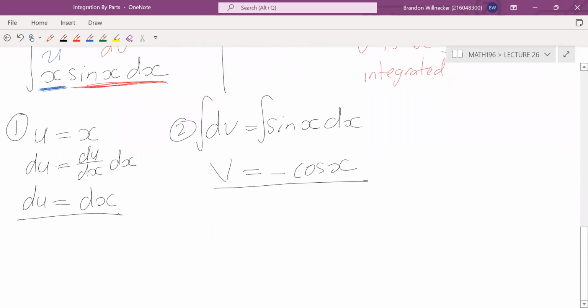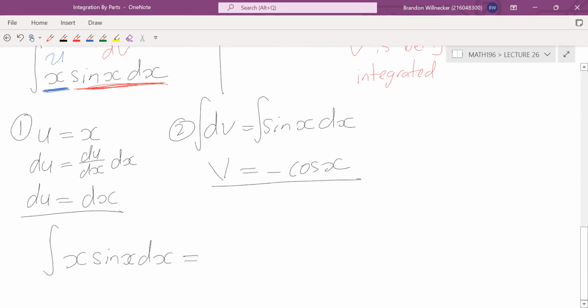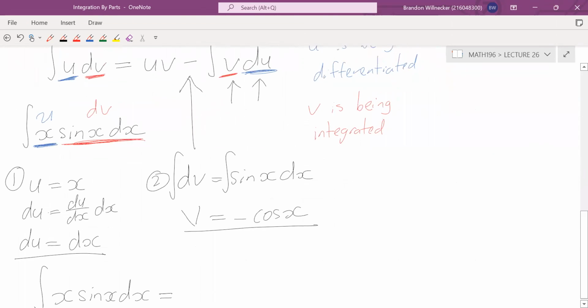So the integral of x sine x dx is equal to, what's the first thing we need? u times v. u is equal to x. v is equal to minus cos x. Then we have a minus.